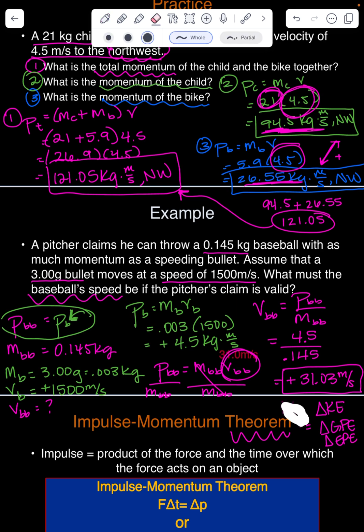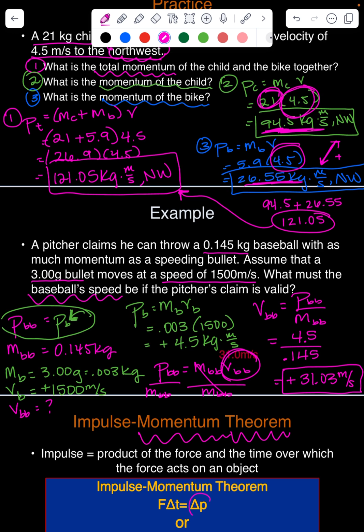Well, this time we're not looking at energy, we're not looking at work, we're looking at momentum. So if I have a change in momentum, that probably means that I have something that's changing its velocity. If we know that momentum is mass times velocity, if something is changing its momentum, it's probably changing the velocity.